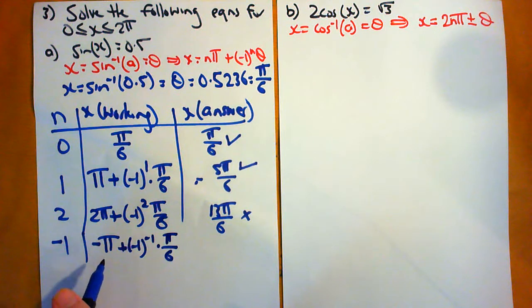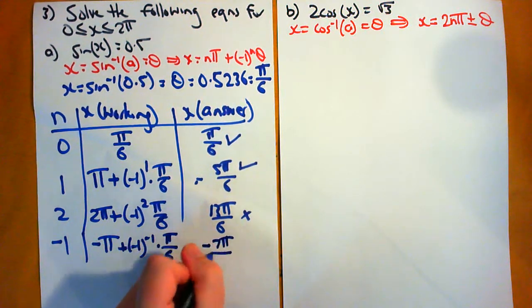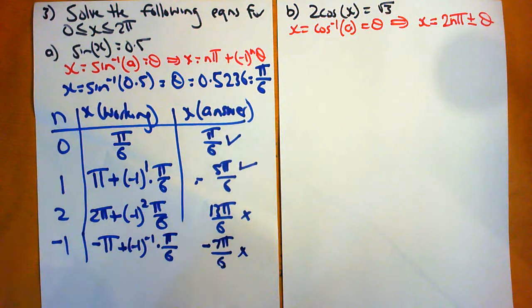So this becomes negative pi minus pi over 6, or negative 6 over 6 pi, minus pi over 6 is negative 7 pi over 6, which is too small. Okay, so we've got our solutions to sine of x equals 0.5, pi over 6, and 5 pi over 6.